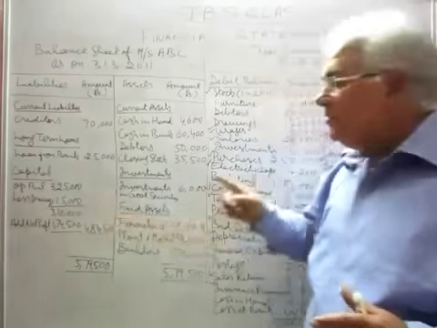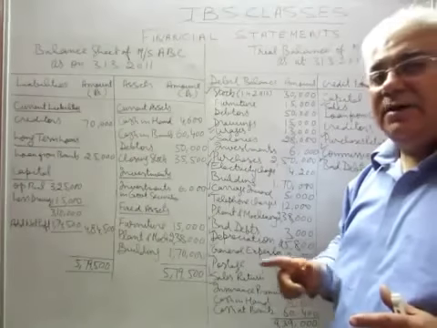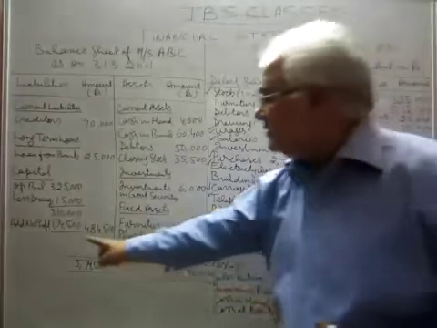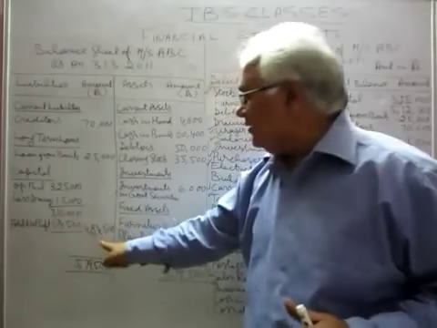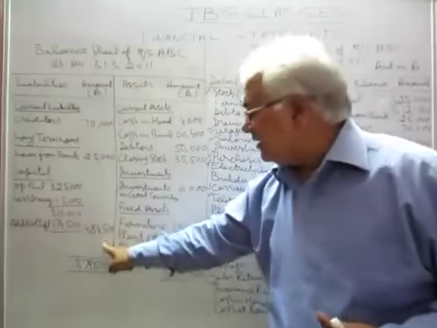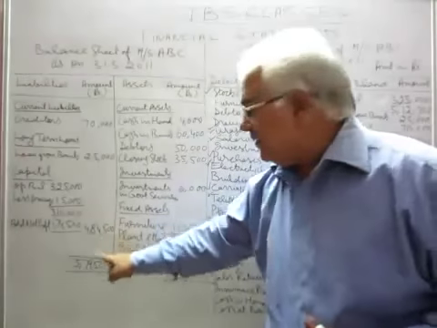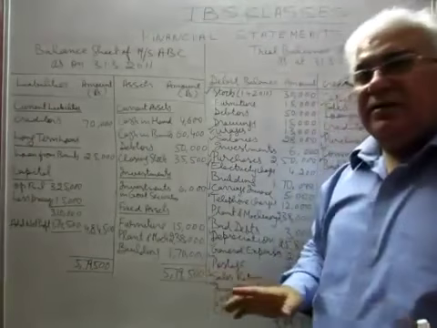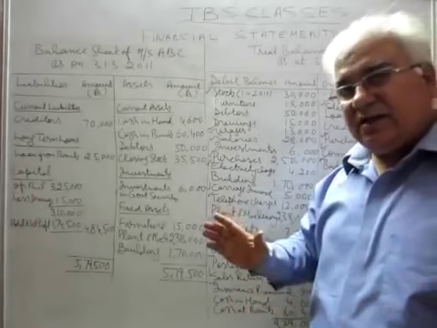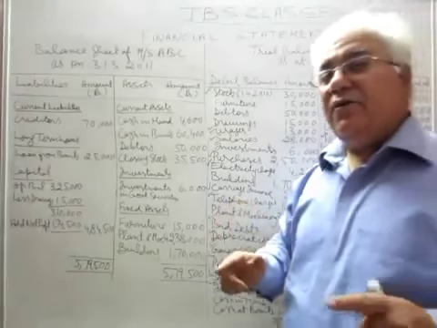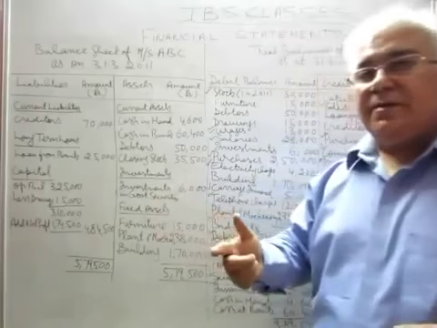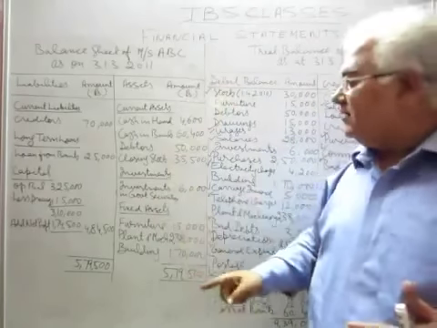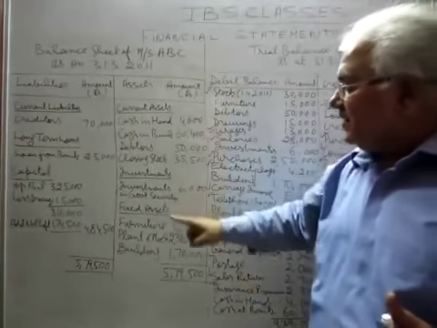Okay. And then the net profit earned by the firm during the year is added in the capital, and this is what appears as the final figure of capital. And the total of the two sides is equal. That means your balance sheet is correct. Now if you follow the permanence order for preparing balance sheet, then this order will reverse.